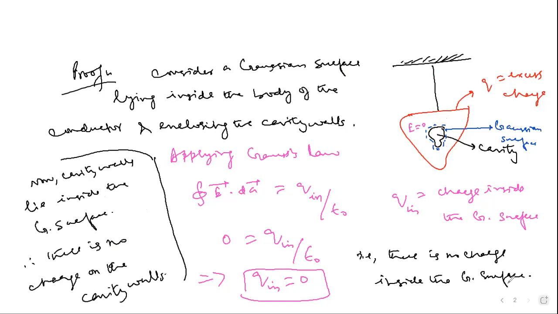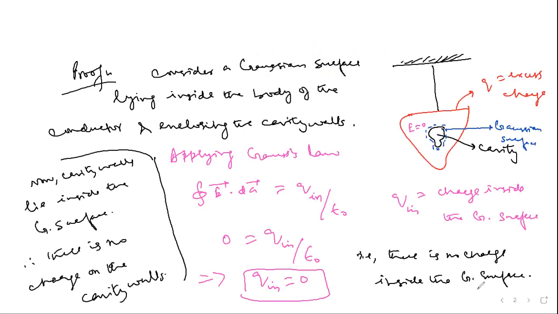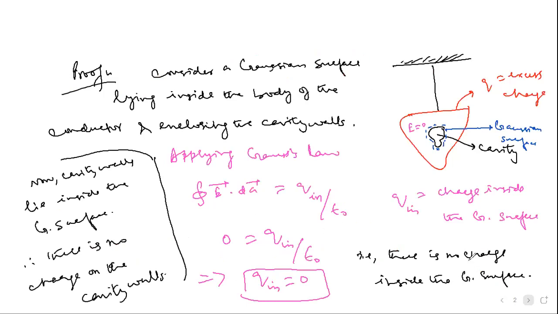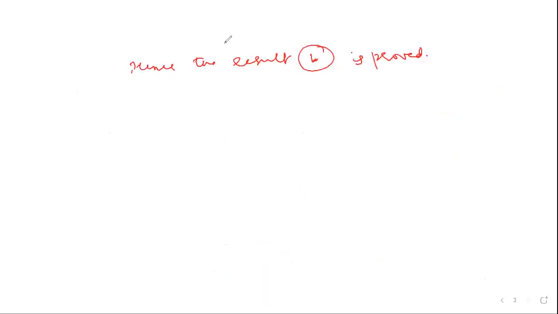Hence, result B is proved. This was result B, that creation of a cavity will not affect the distribution of charge on the actual surface of the conductor. Right? Let us move to result C.